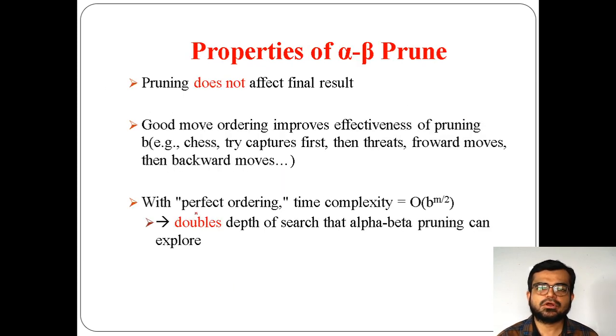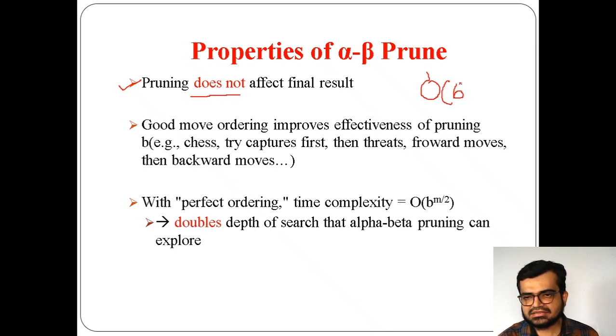Now if you see the properties, this is a very important point: pruning doesn't affect the final result. It doesn't affect the final result because it will give you the same result. Generally if I perform the min-max algorithm, the time complexity will be order of b to the power of m.